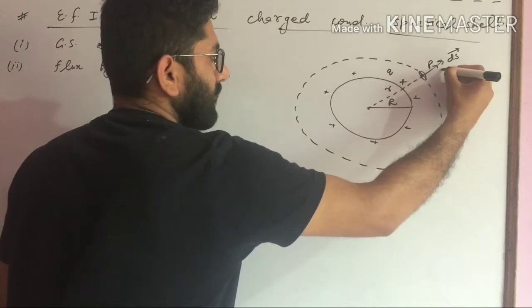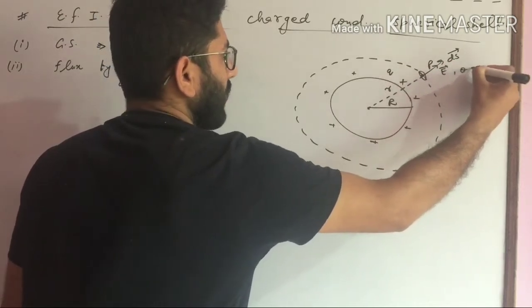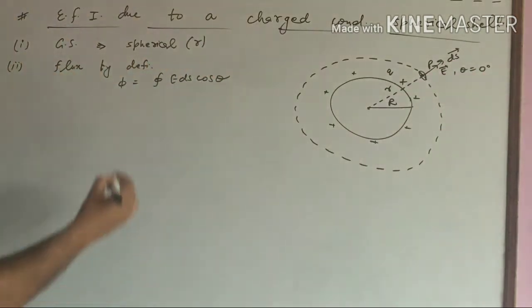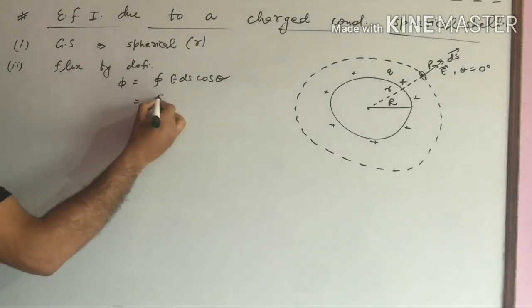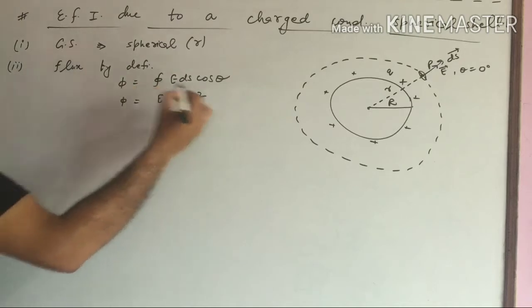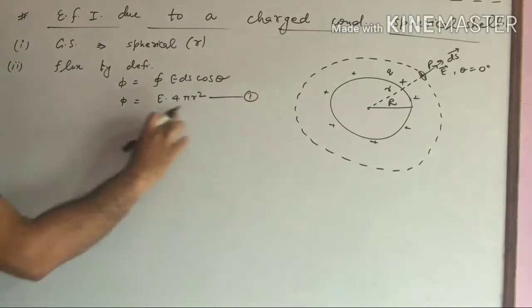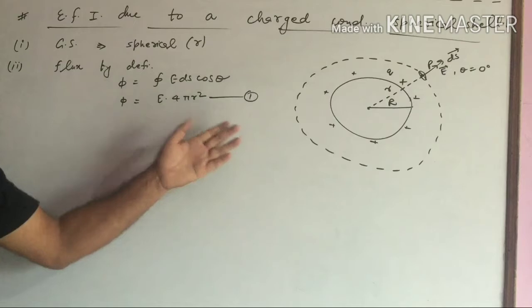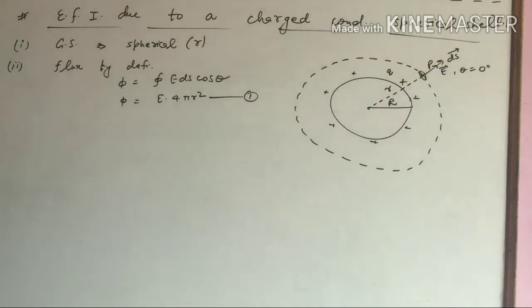Electric field will also be in the same direction, so theta will be 0, and this flux will become E into 4 pi r square. So this part is the same as we did in the previous application.